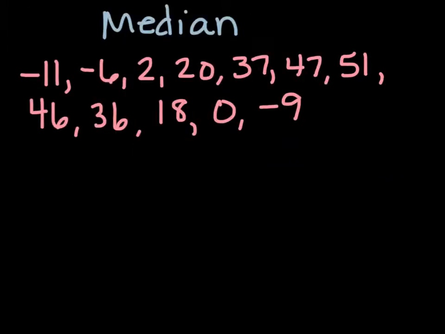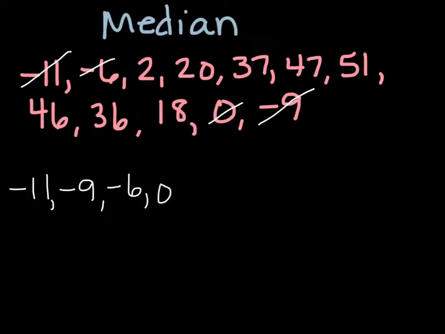Using the same data set, let's find the median. The first thing we need to do is to reorder our numbers from least to greatest. So I'll begin with -11. Next I come to -9. Then -6. I believe then we go to 0. Yes, we do.